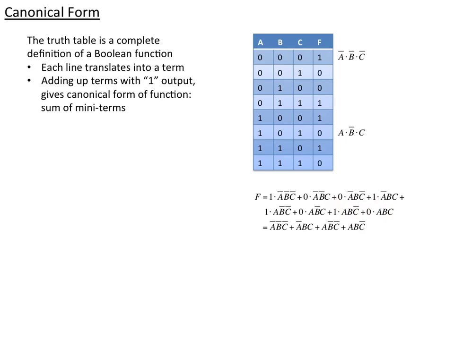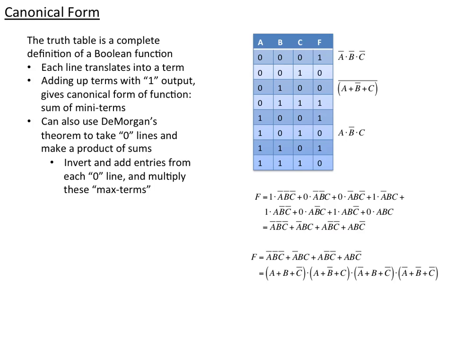And then clearly things that are 0 we don't need to keep, we just keep the terms with 1, and so we can write this function as not A, not B, and not C, or not A and B and C, or A and not B and not C, or A and B and not C. We call this canonical form a sum of minterms.